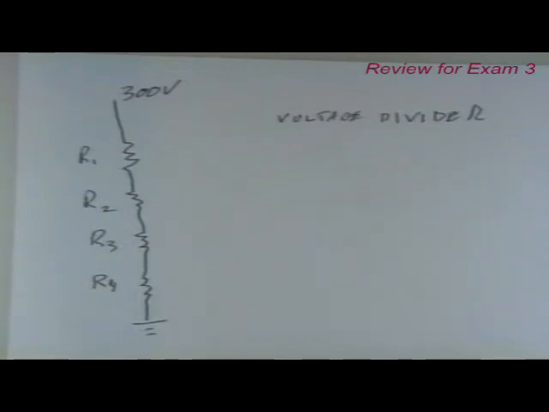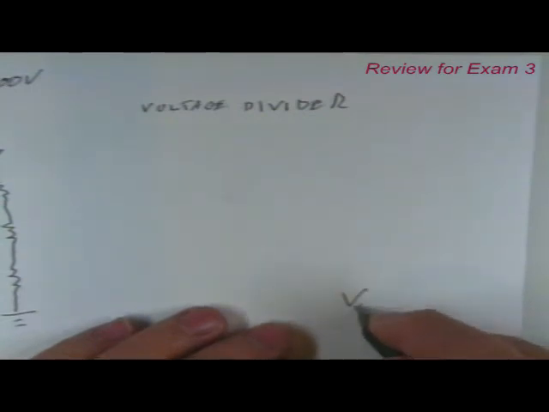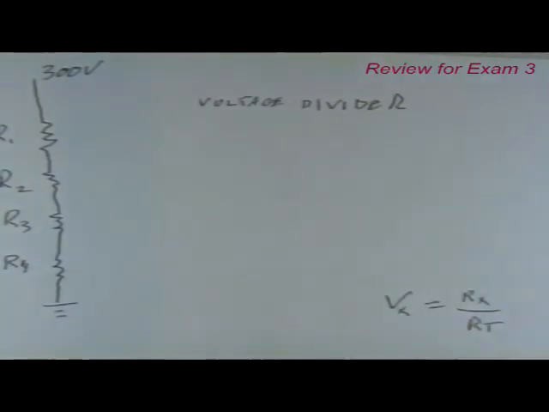And what we're going to do is use something called the voltage divider formula. And that formula is this, that any voltage, Vx we'll call it, is equal to what? Is equal to Rx divided by RT.